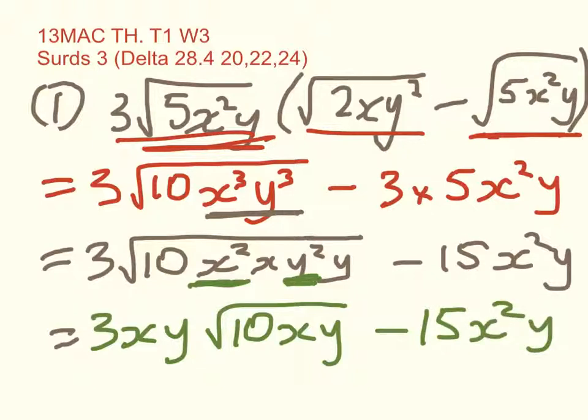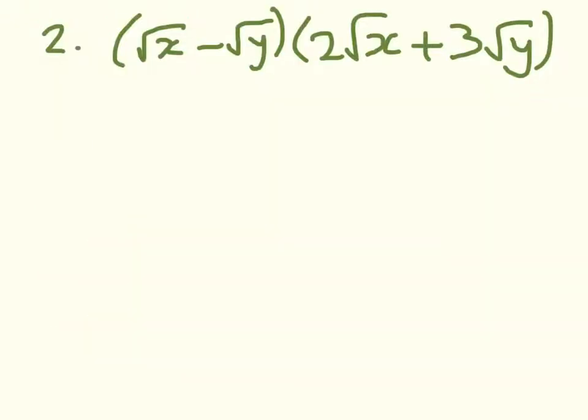Okay, next one. Right, we're going to expand this out using FOIL. So first terms we get 2 root x times x is 2x.